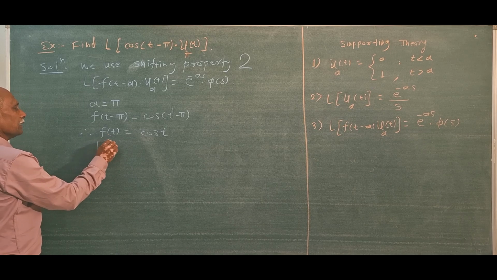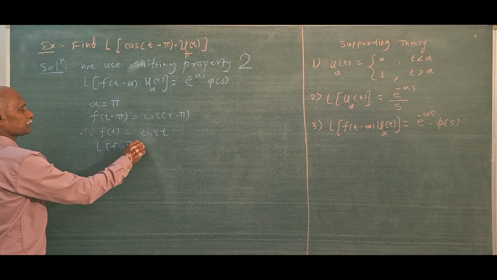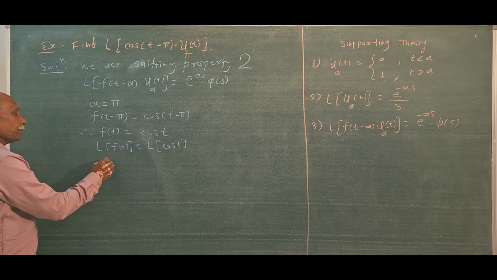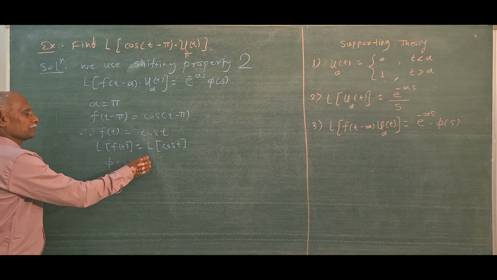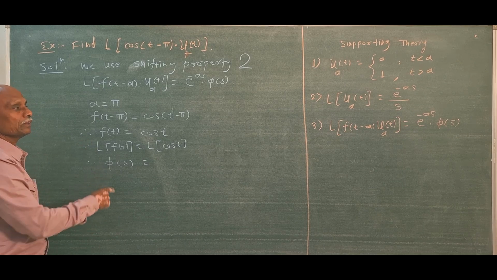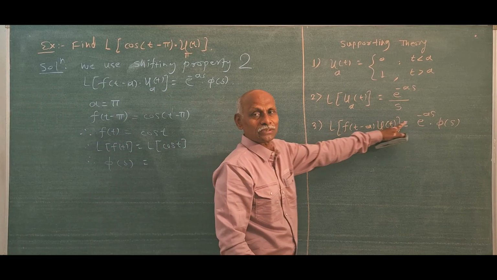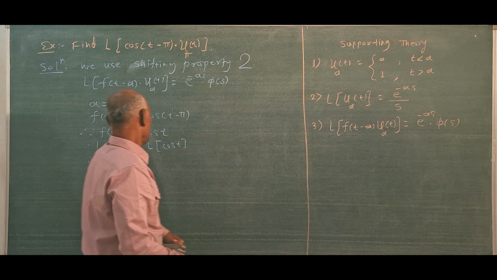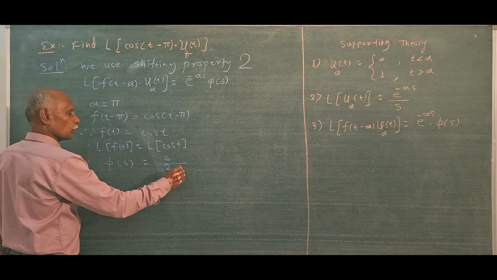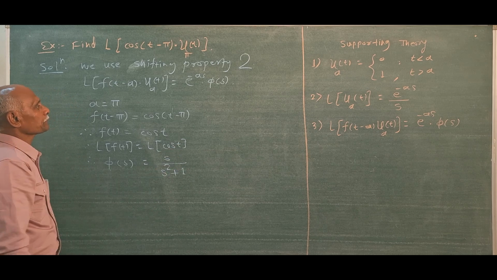Immediately we take Laplace of this, of course on both sides. This value is replaced by phi(s), because it's a notation. And this comes s divided by s squared plus 1 because of cos t.